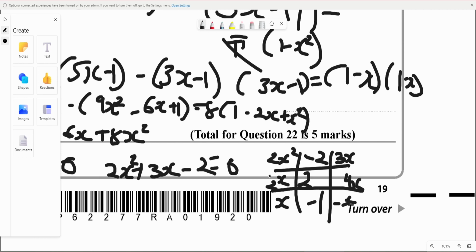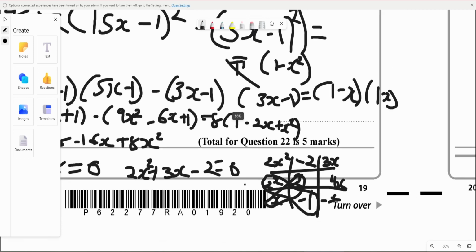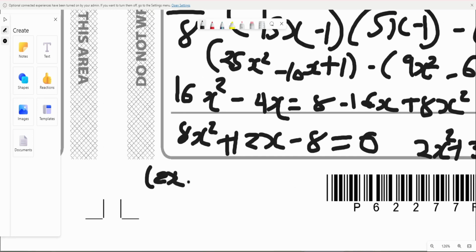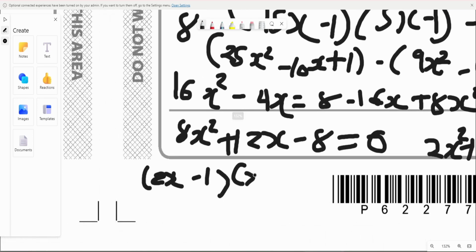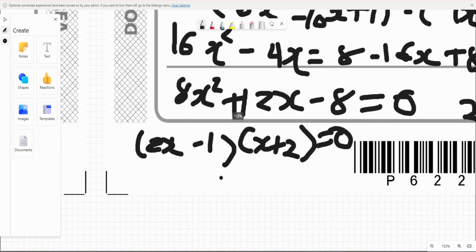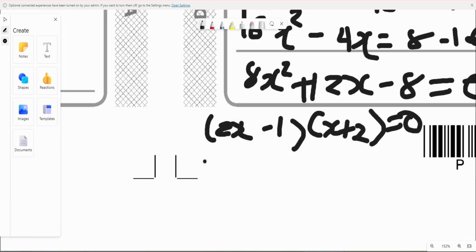So we're just going to highlight this grid over here. We have 2x minus 1 times x plus 2 equals 0. For 2x minus 1, add 1 to both sides, divide by 2, so x is equal to a half.